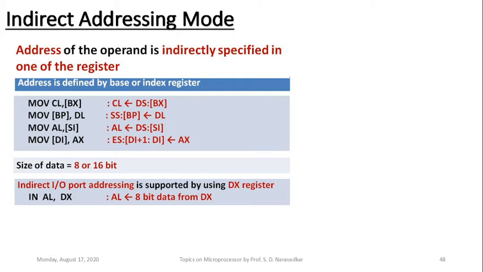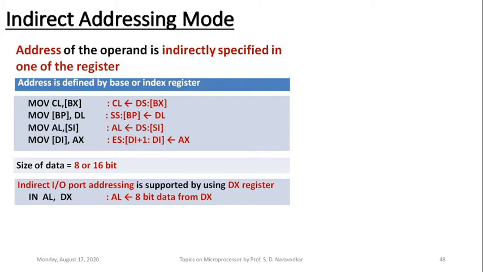And then in case of indirect IO port addressing, that is supported by the DX register. So one example of that indirect IO port addressing is written here at the bottom. That instruction example is IN AL, DX. Okay, data copied into accumulator AL is 8 bit.